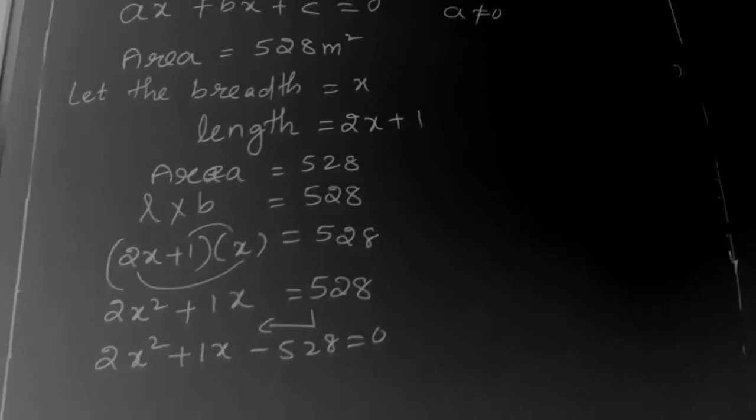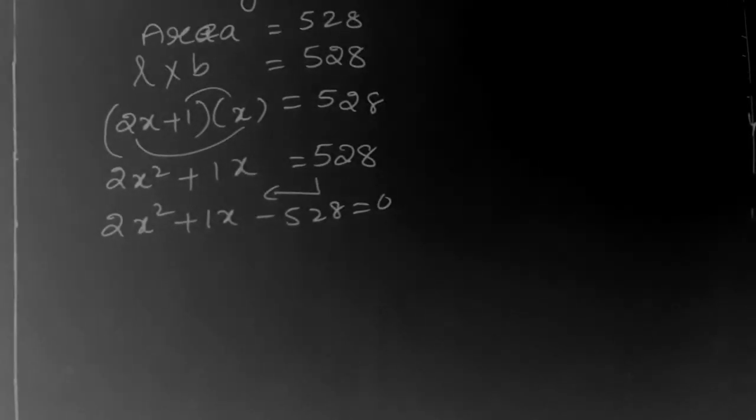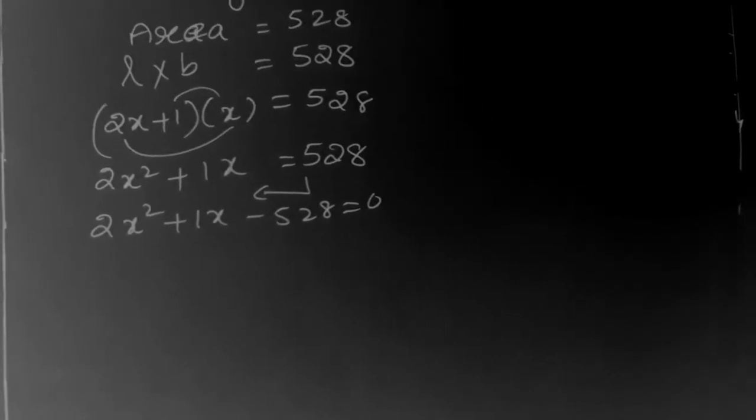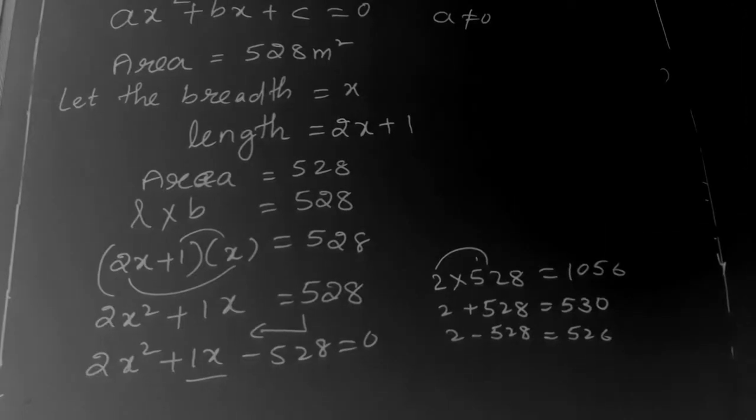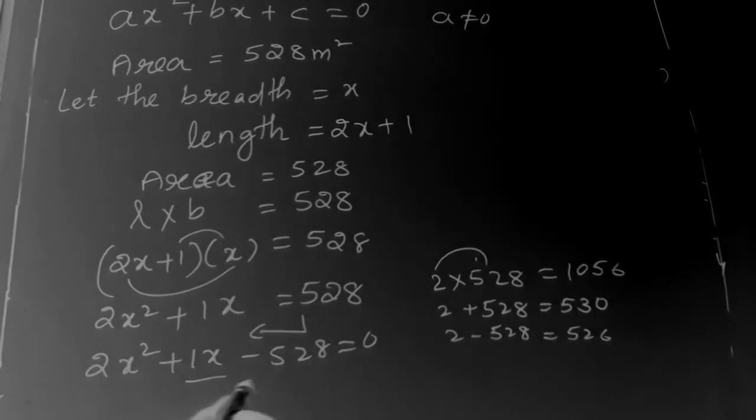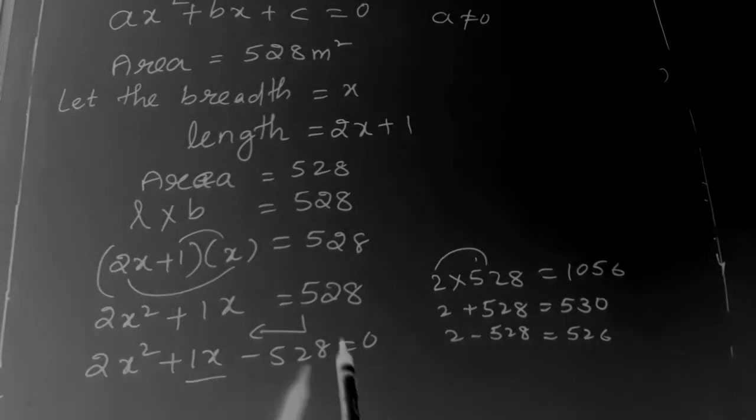Now it is in the standard form, ax square plus bx plus c equal to 0. In this question, he was just asking to represent the following situations in the form of a quadratic equation. So up to here solving is enough.